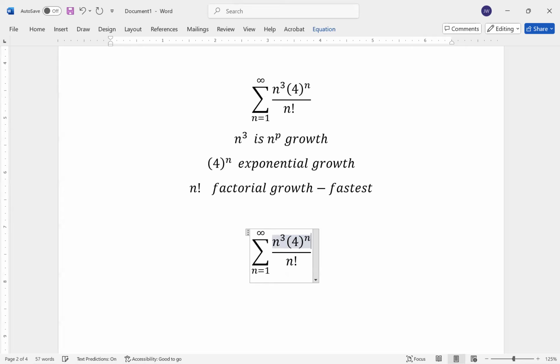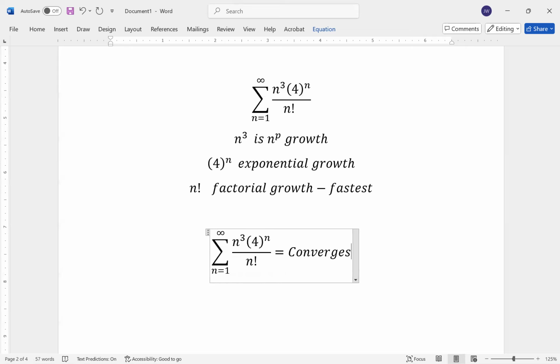Of all of the types of growth, the factorial is the fastest. The multiplication of exponential times n to the p doesn't overcome factorial growth. And therefore, the fastest type of growth is in the denominator, so the infinite series converges.